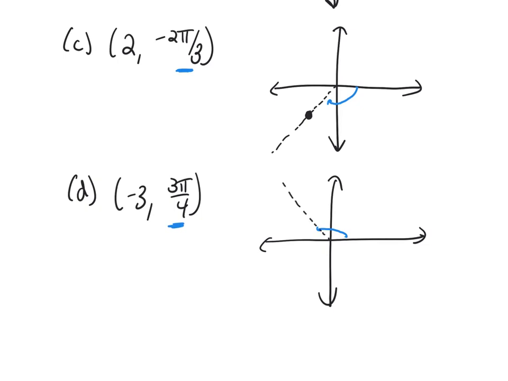But notice now my radius is negative. And what do we do when we have a negative radius? You've got to push through the origin to the opposite quadrant over here and go out a distance of 3. So my point would be over here.